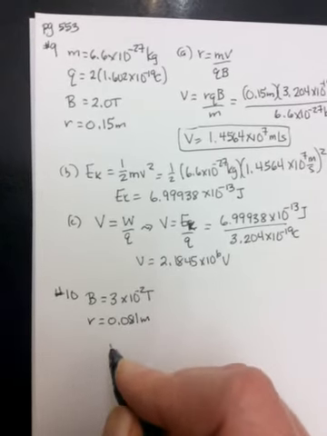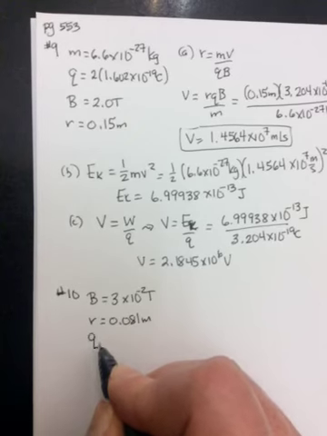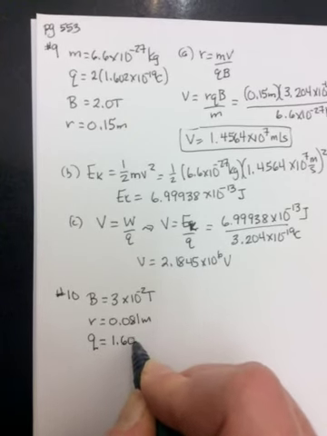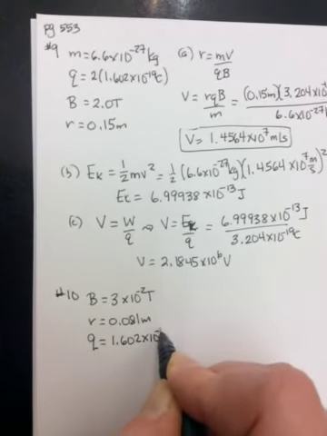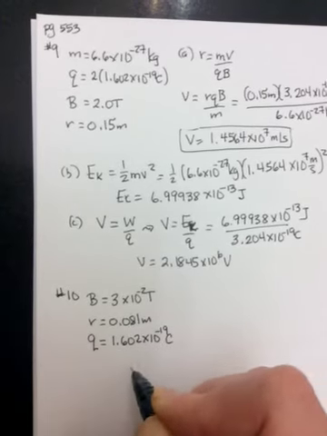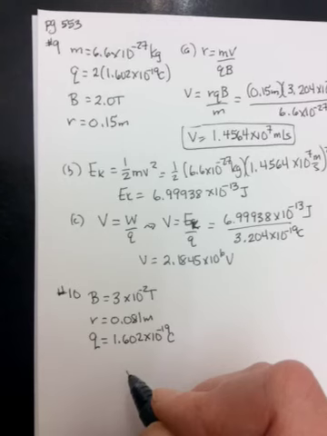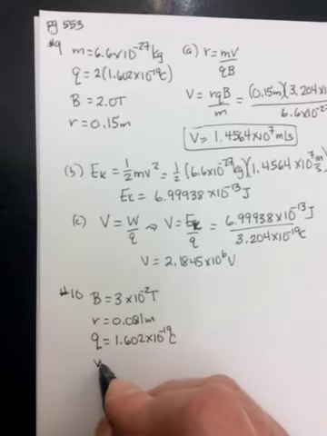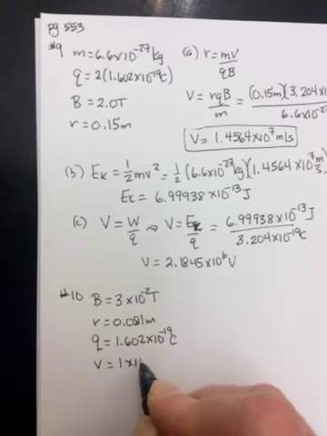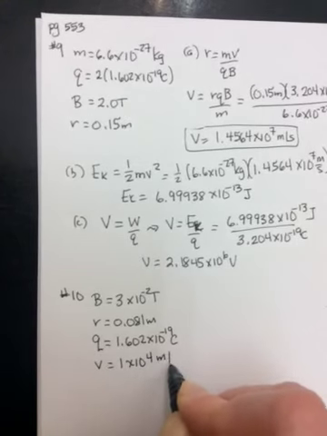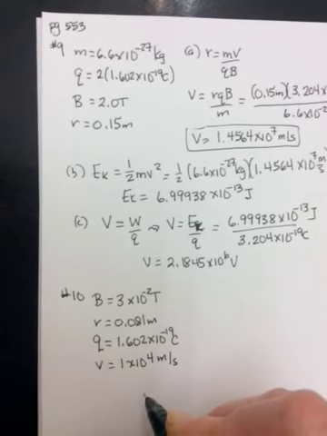If the ions have a single positive charge, so Q is 1.602 times 10 to the negative 19, a single positive charge meaning a single elementary charge, and are moving with a speed of 1 times 10 to the fourth, V is equal to 1 times 10 to the fourth meters per second. What is the mass?